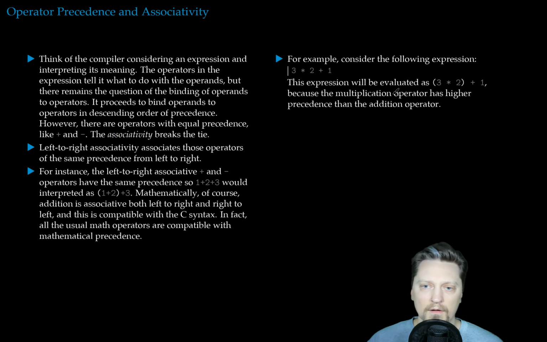So these two operands get bound with this higher precedence multiplication operator, and the result of 3 times 2 is bound to the plus operator. 1 is also bound to that plus operator, so it'll be 6 plus 1. Great. So that's basic precedence and associativity.